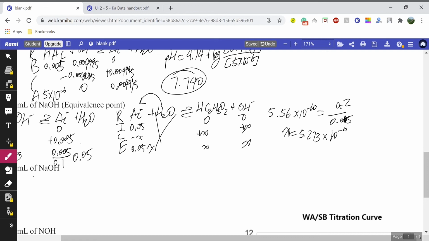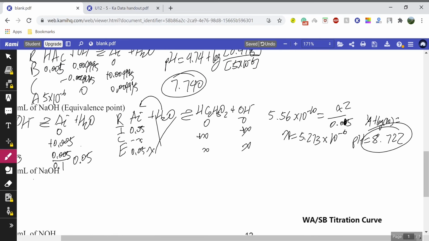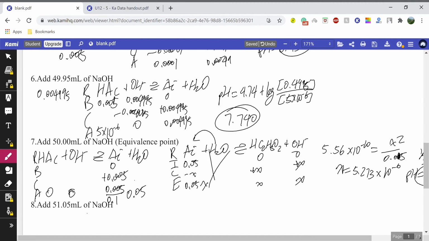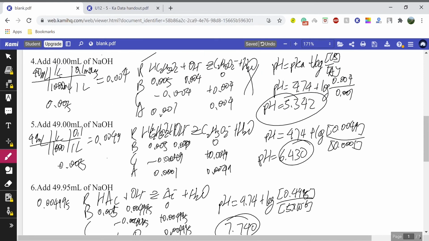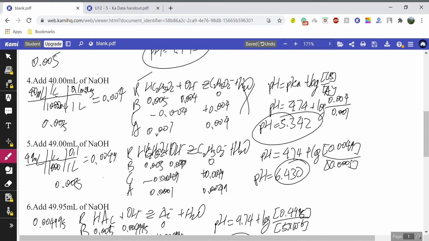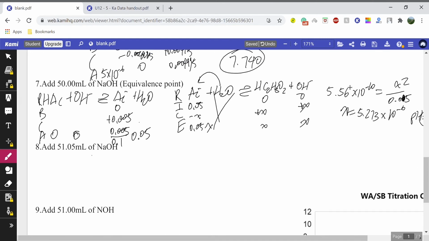We take the 14 plus log of that. 14 plus log of X, because this is pOH, it's going to be 8.722. Alright, and the reason we didn't use the HH equation is because we can't. Over here we have no HAC. So if we want to use the HH equation and divide by acid on the bottom, we'd be dividing by 0, which is why we aren't able to do that.